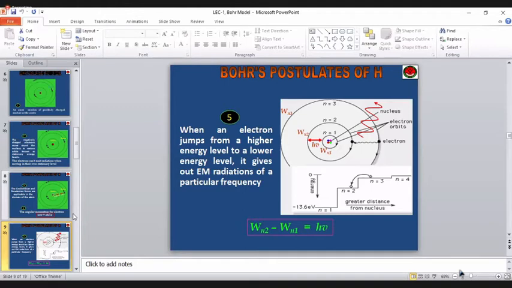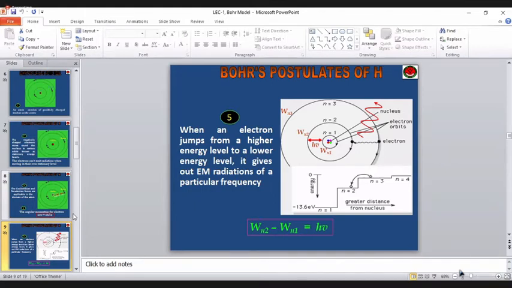When it jumps from higher orbit to lower orbit, then it emits the extra energy in the form of electromagnetic radiation. In that case, the equation is that Wn2 is the energy in the higher level, level N2, and minus Wn1 is the energy in the lower level. The difference between these two energy levels is equal to h mu. It is not v, it is mu. Mu is the frequency.